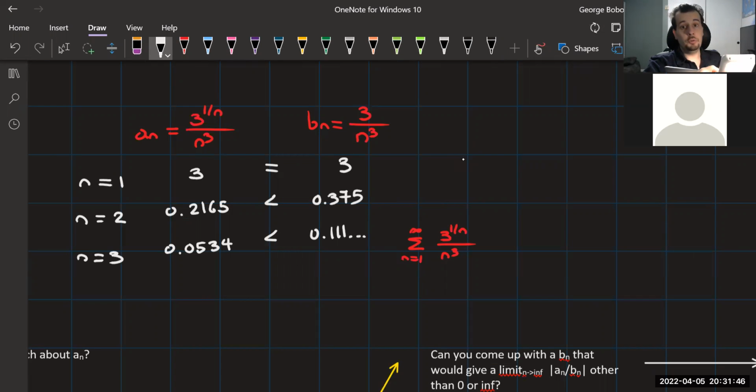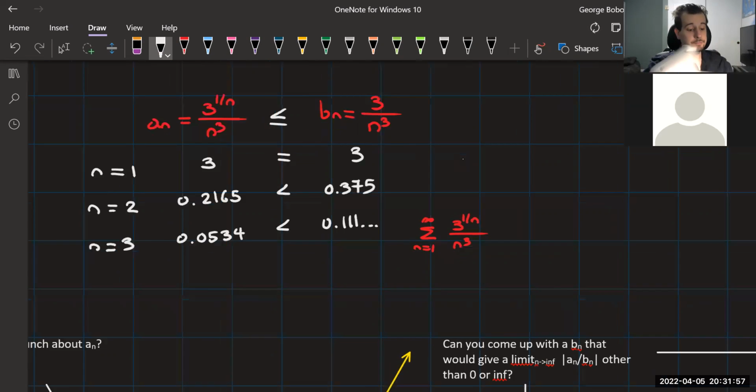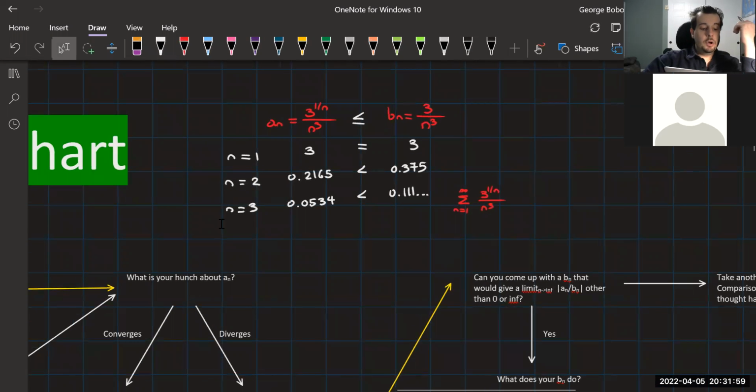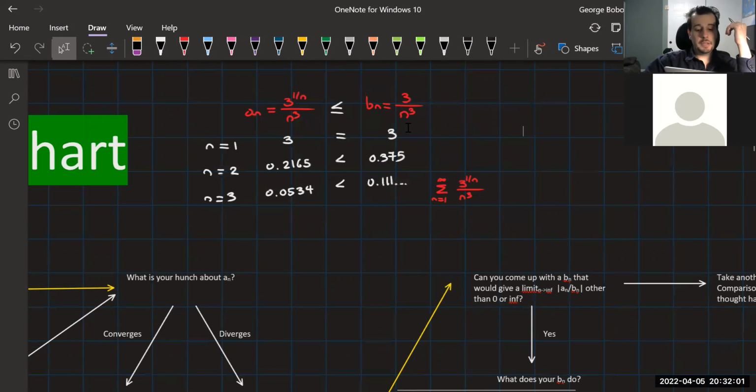You can keep going. If you don't believe me, all of the other ones are going to be larger as well. So over here you've got a series that is greater than or equal to the original. Okay, all right. So if this larger series converges, then so will this one. Otherwise, we will be inconclusive.